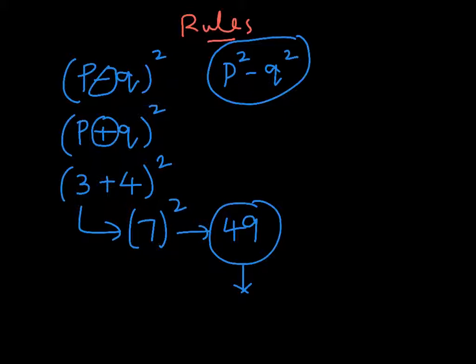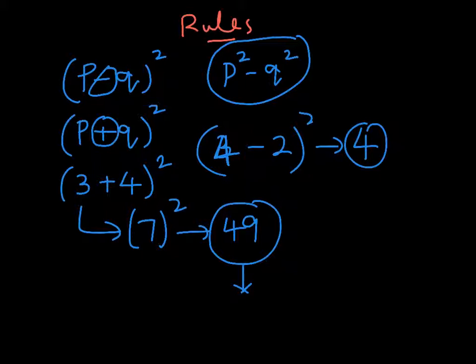Now let's say (4 minus 2) squared. This is going to be 4 minus 2, that is 2, raised to the second power, that is 4. So we see that 4 is also a perfect square.